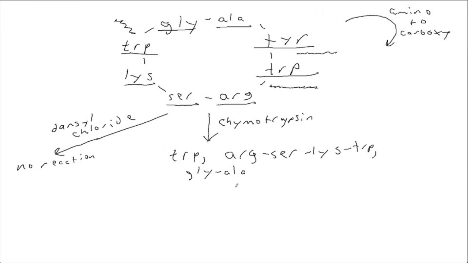That last part. Alanine and tryptophan. So what should I write here? Or tyrosine, sorry. Okay. Like this? Yes. And then if we did our normal hydrolysis, we wouldn't know the order in each fragment anymore.